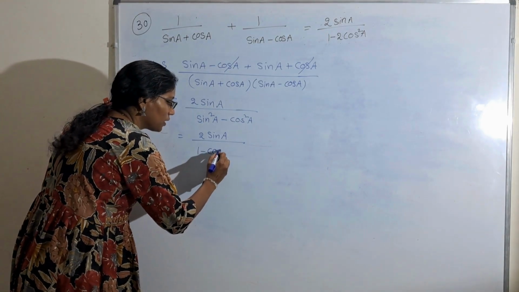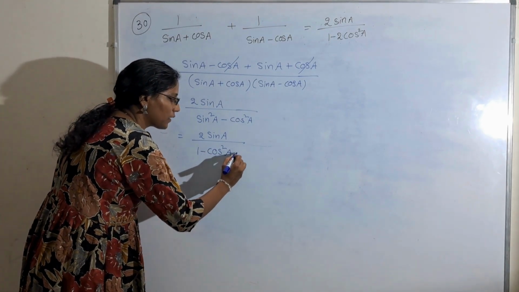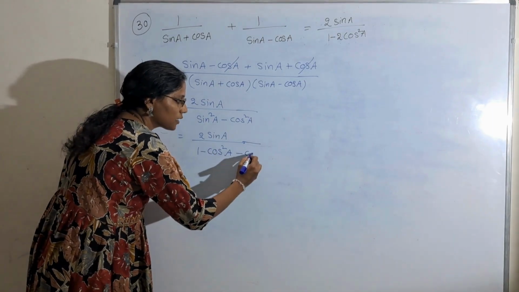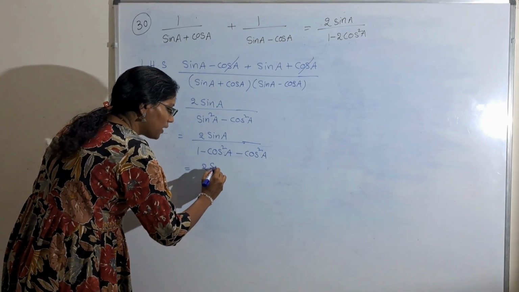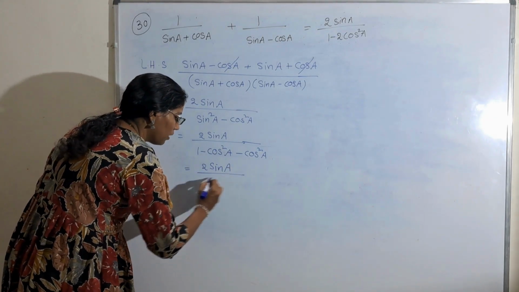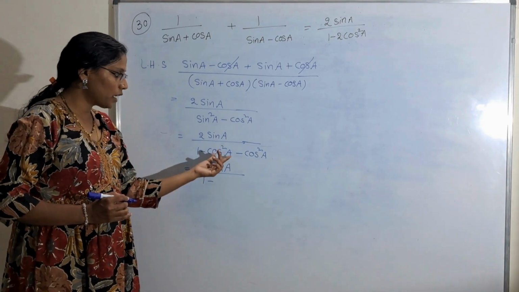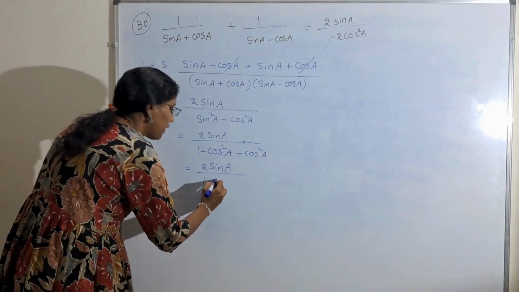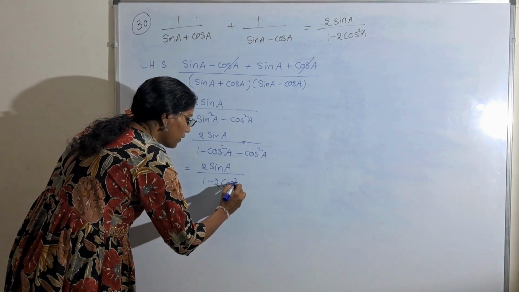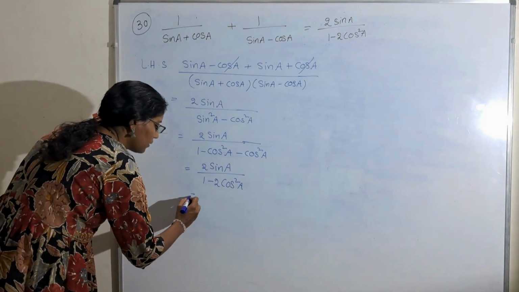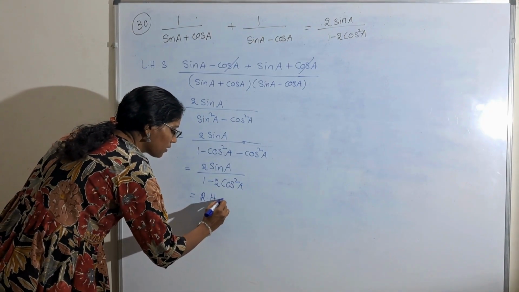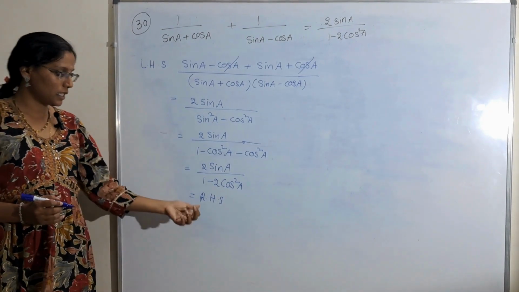We should use the identity: 1 minus cos square A, and we already have cos square A. 2 sin A by 1 minus, how many cos square values? 2 cos square values, 2 cos square A. This is our RHS. Therefore, LHS is equal to RHS.